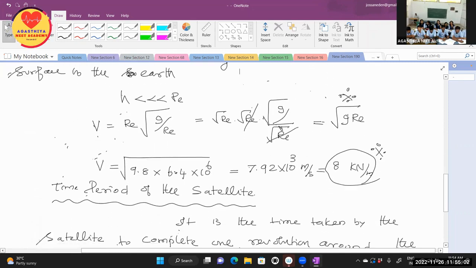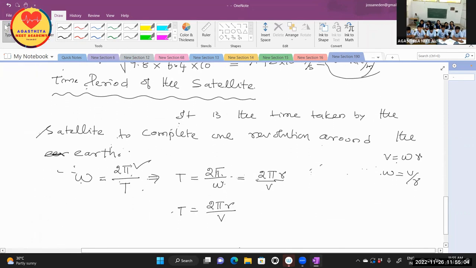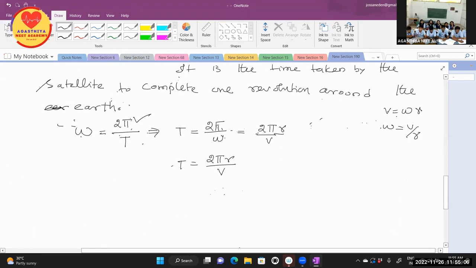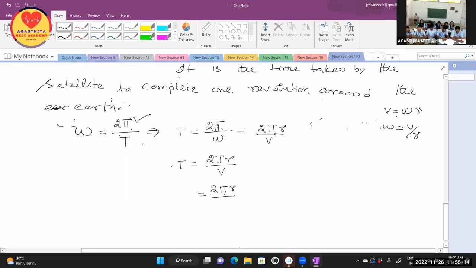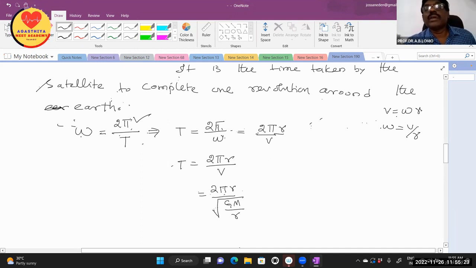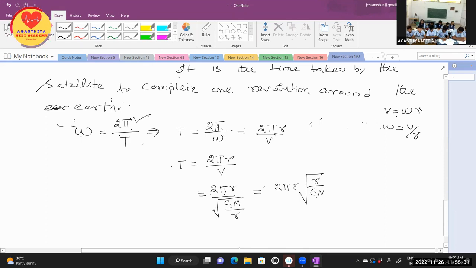When you substitute that value over here, 2 pi R divided by root of GM divided by R. Very good. We can write it like this, 2 pi R, isn't it?